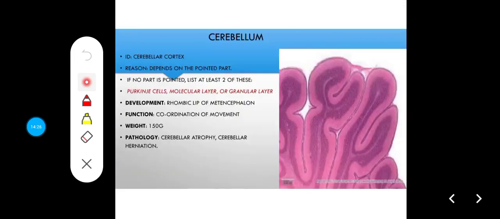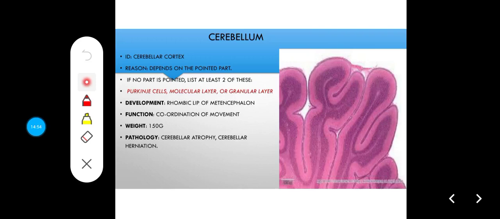Now the next one is the cerebellum. So the cerebellar cortex. The reasons for identifying the cerebellar cortex depend on the pointed parts. If no part is pointed, list at least 2 of these: Purkinje cells, molecular layer, or granular layer. Development is from the rhombic lip of the metencephalon.